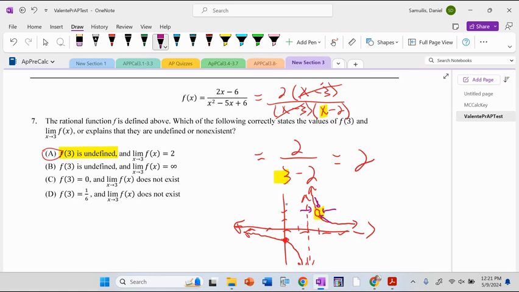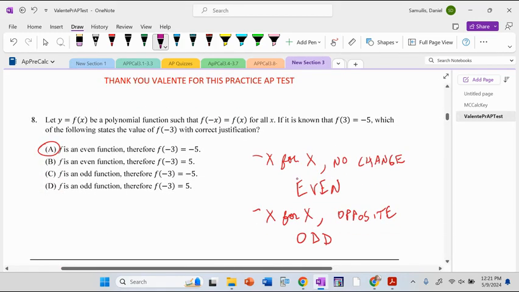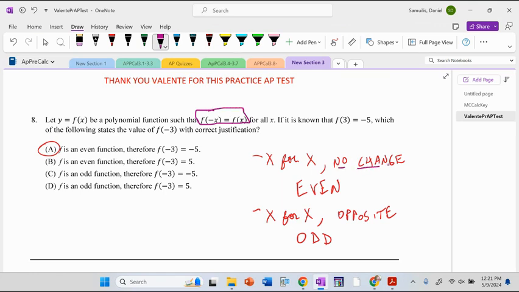All right, next. We did do that a lot, but boy, that was a long time ago. So this right here means even. When you plug in negative x and you get no change, then you are an even function. So if f of 3 equals negative 5, f of negative 3 should equal the same thing.